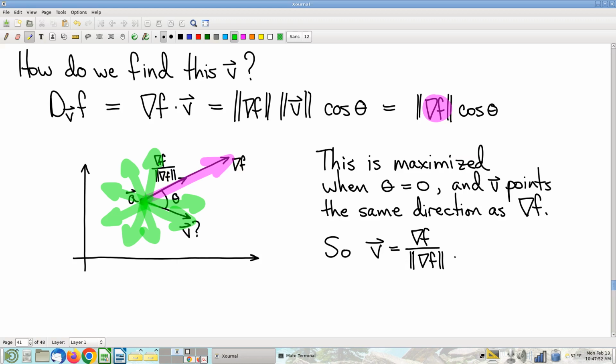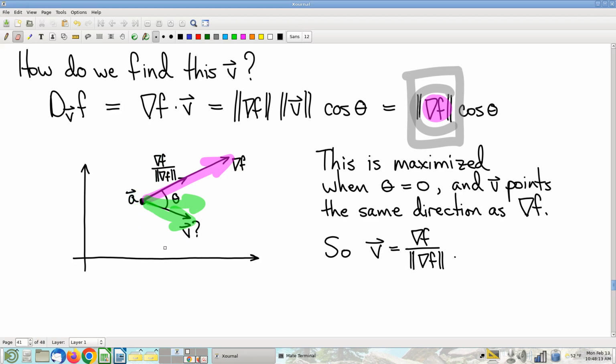So the gradient vector is fixed, and therefore its magnitude is constant. Right? That magnitude of the gradient is independent of all of these different contemplations of which direction to go. So, where we land then is that if I want to make this directional derivative as big as possible, I just need to make cosine theta as big as possible.